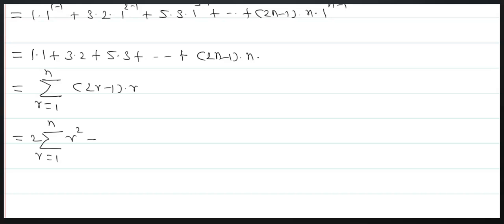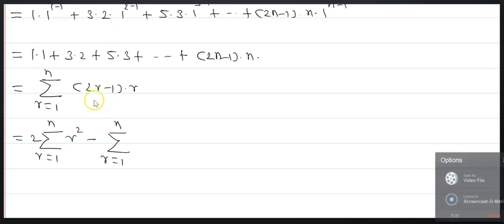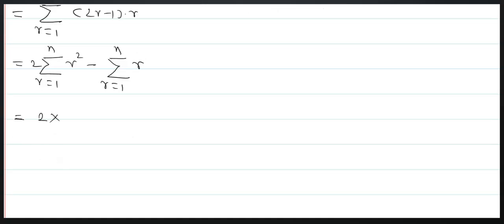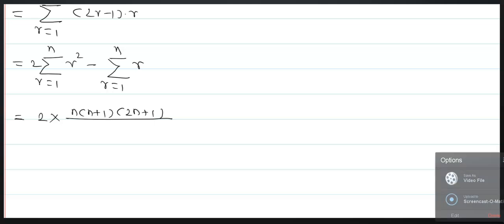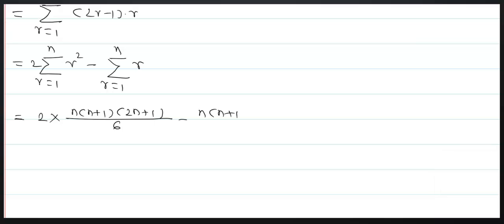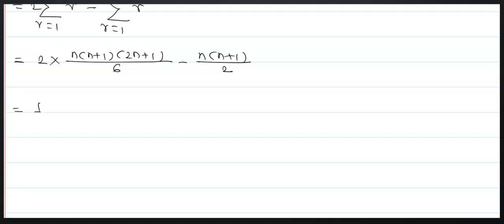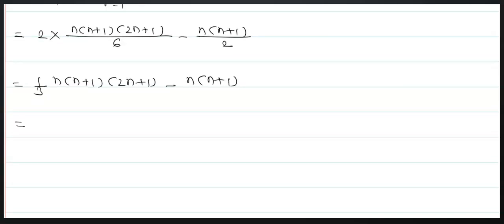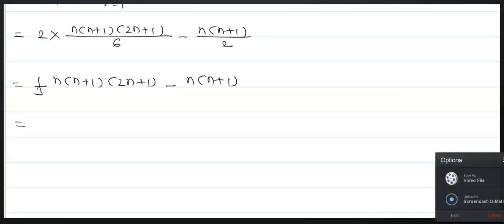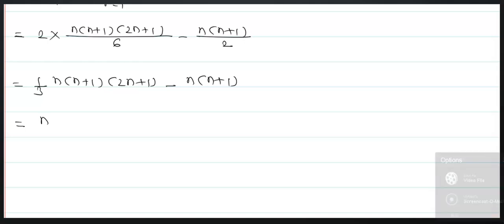Therefore, r equals 1. Take 2 as common: 2r square minus r. Summation r equals 1 to n of r square, next is summation of r. That is 2 into summation of r square, which means n into n plus 1 into 2n plus 1 upon 6, and summation of r is n into n plus 1 upon 2. Therefore, 1 upon 3, n into n plus 1 into 2n plus 1, minus n into n plus 1.